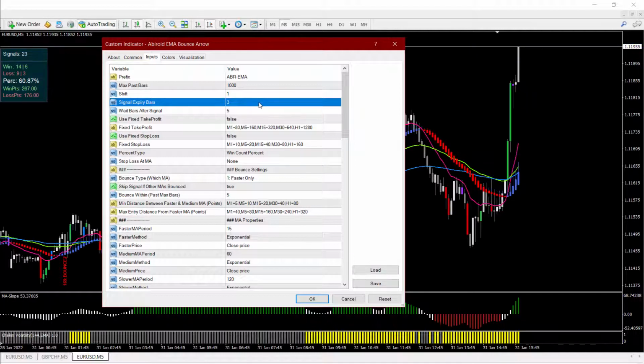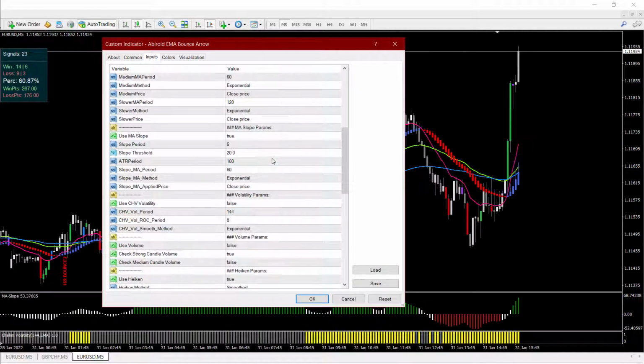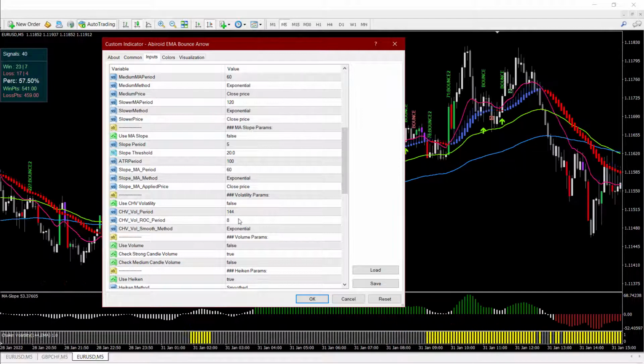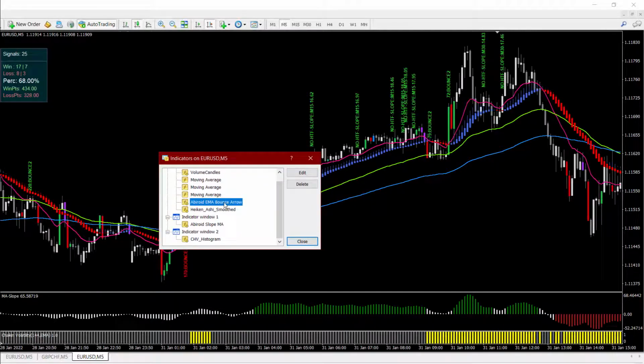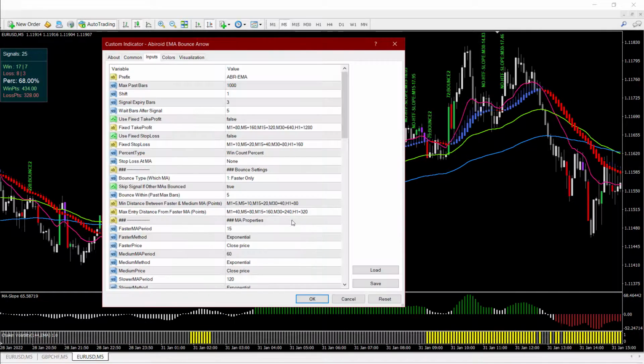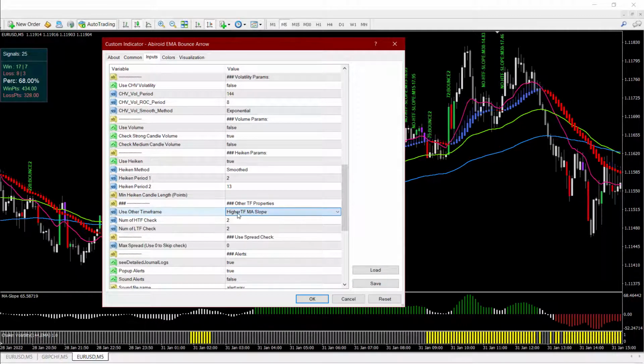Now for binary options, we need high volume bars, which is why I would suggest that you use at least high volatility and high volume bars to get a better percentage. Or maybe even use the higher time frame checks. Those will give you slightly better percent, like higher time frame MA slope or higher time frame MA stack.